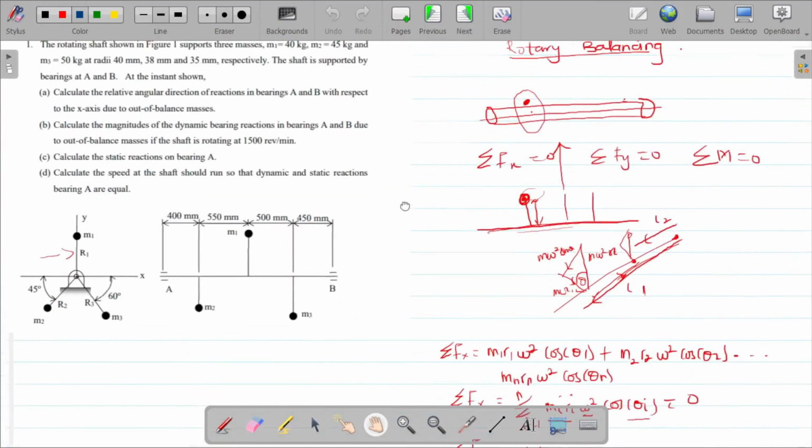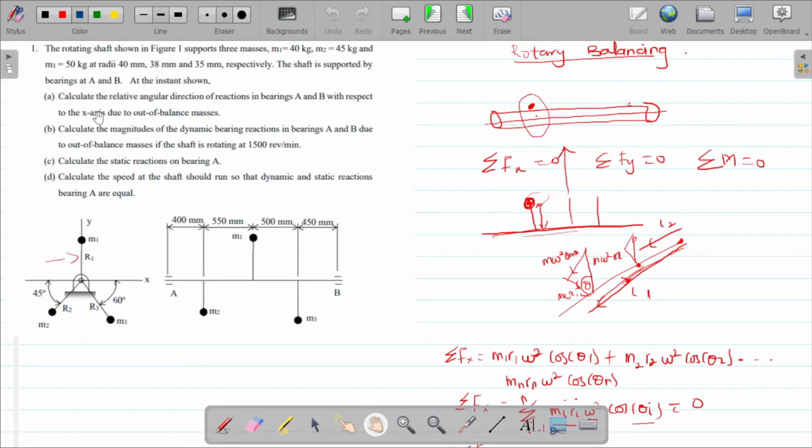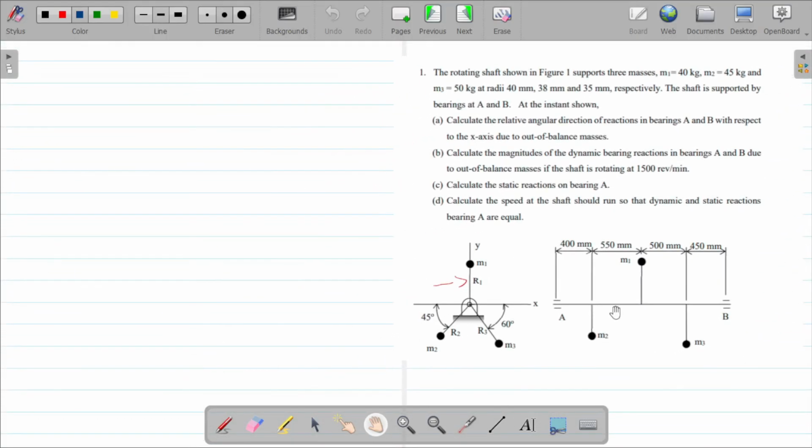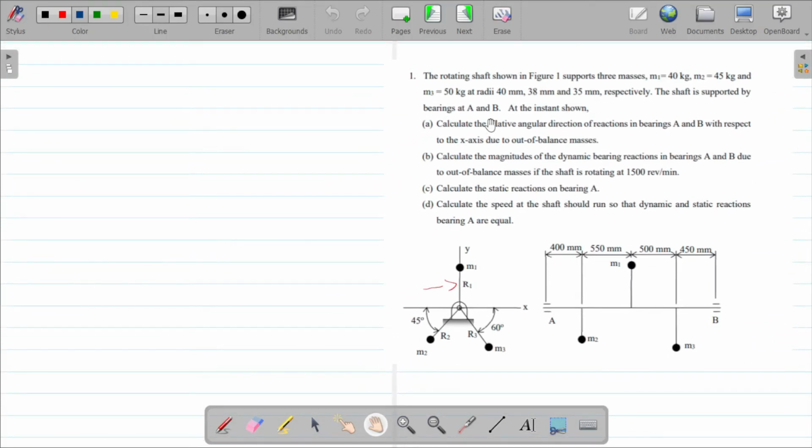All right, so now the question asks us to find the relative and angular reactions in bearings A and B. Let me push this one to the side. So the reactions in the bearings, we are looking at the reaction, the force. So let me draw this. So this is the shaft in this bearing, right?